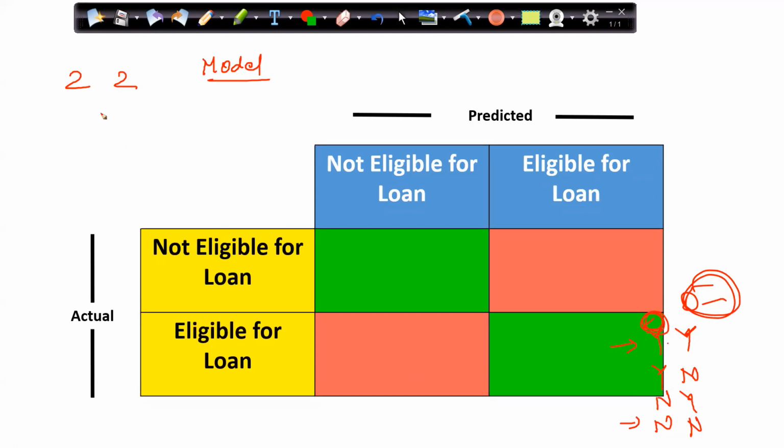As per actual, 2 are getting the loan and 2 are not getting the loan. How many are eligible for the loan? 2. How many are not eligible for the loan? 2.